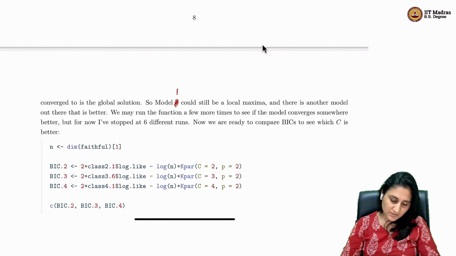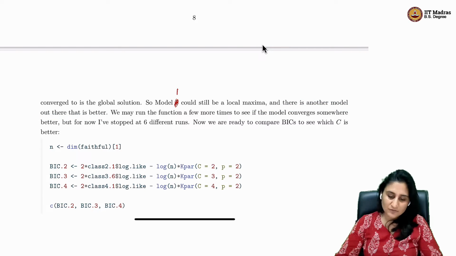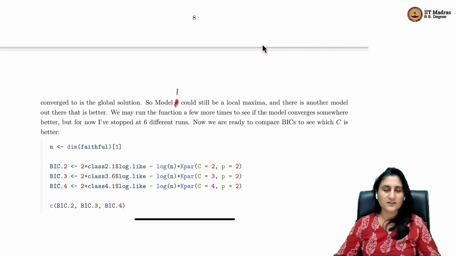Model 1 could still be a local maxima, and there could be another model out there that is better. We may need to run the function a few more times to see if the model fit converges to some other solution and see whether anything works better. In this case, we ran it 6 different runs. Seems to work, but we can't take anything for guarantee.